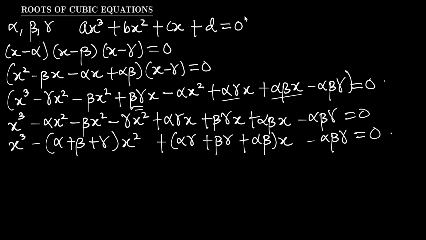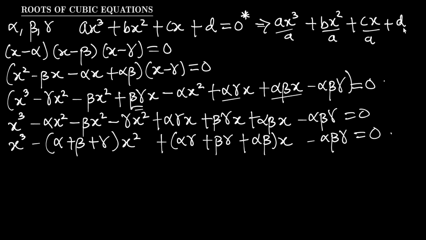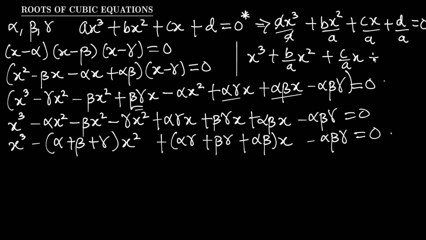So we can divide this general equation by a. When we do that, this becomes ax cubed divided by a plus bx squared divided by a plus cx over a plus d over a, and 0 over a is 0. So we have x cubed plus b over a x squared plus c over a x plus d over a equals 0.